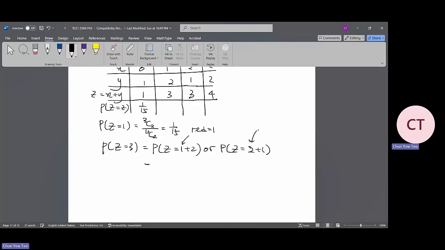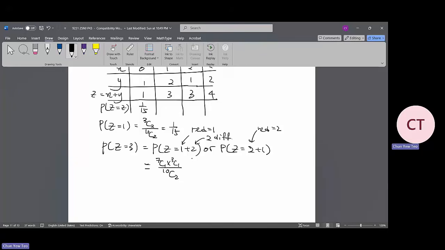This one means the red is equal to 2. So if red is equal to 1, is it possible to get two different colors? Possible. So if the red equal to 1, it will be 7c1 multiplied by 3c1 divided by 10c2. That will be the case.